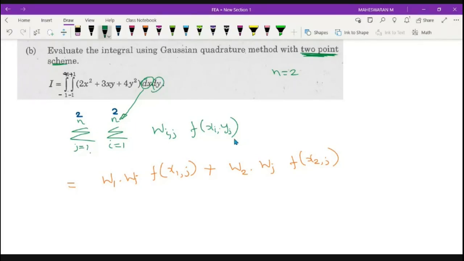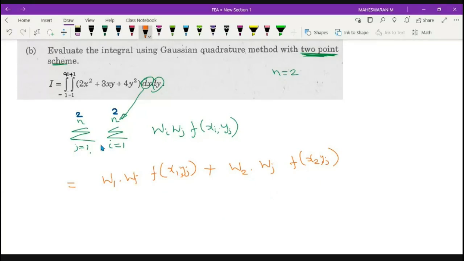So here I will write the function as wi wj. One is representing x, other is representing y. So this is what the term is. This is y, this is also y. This is my first term.